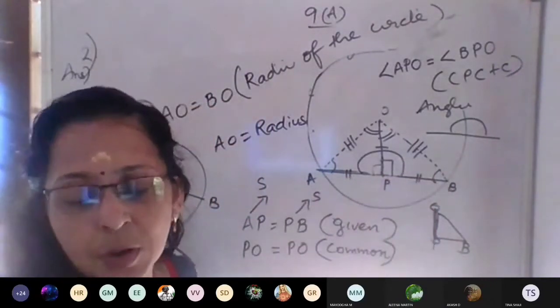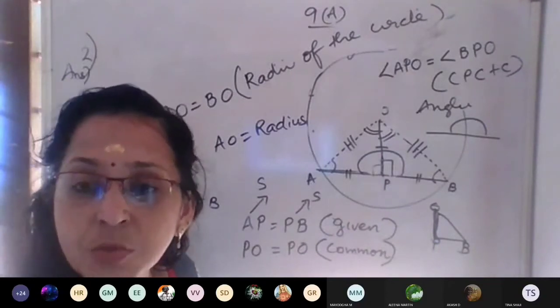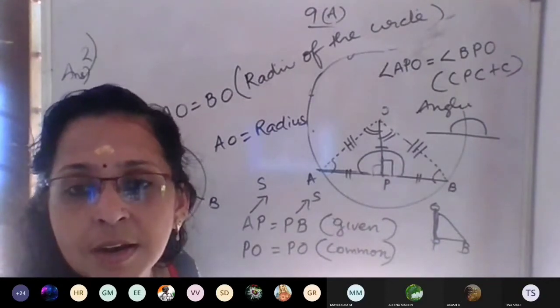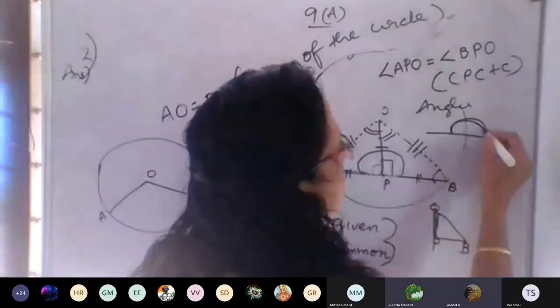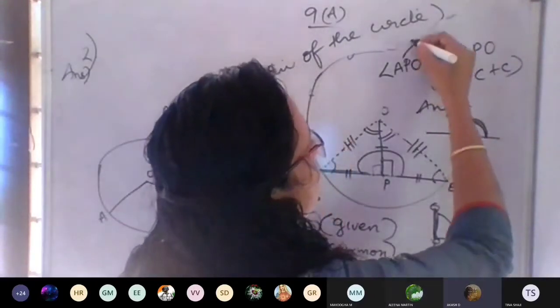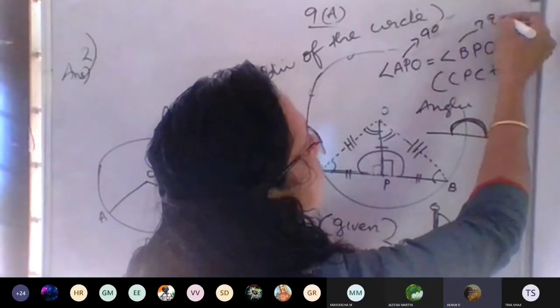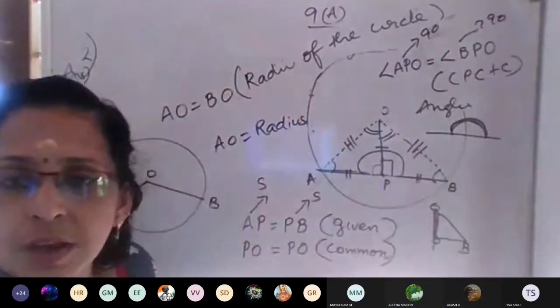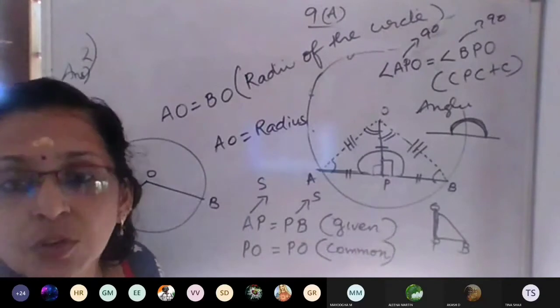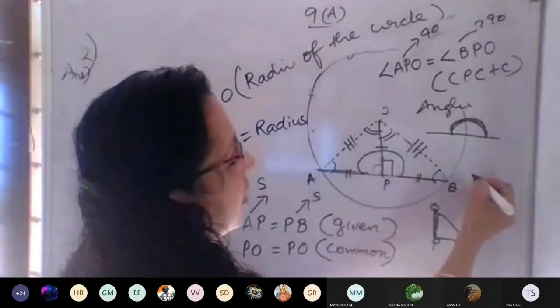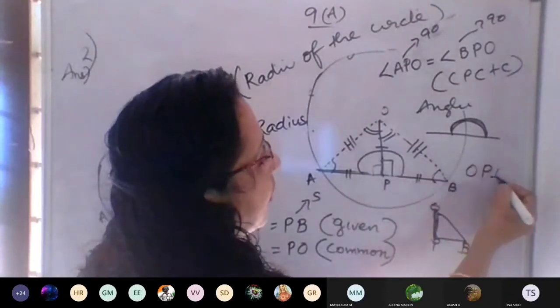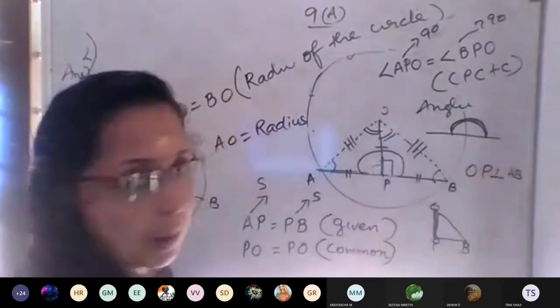Linear pair concept, you know. So these two equal angles are 90 each, since 90 plus 90 is 180 degrees. Understood? So that way we have to find out. That means these two angles are 90 degrees, so directly we can write OP is perpendicular to AB.